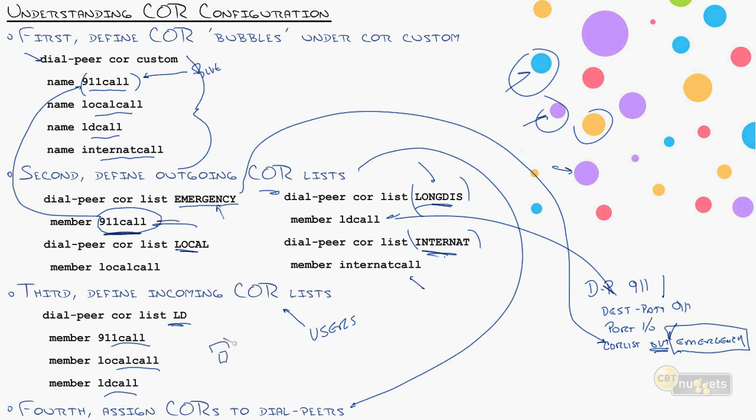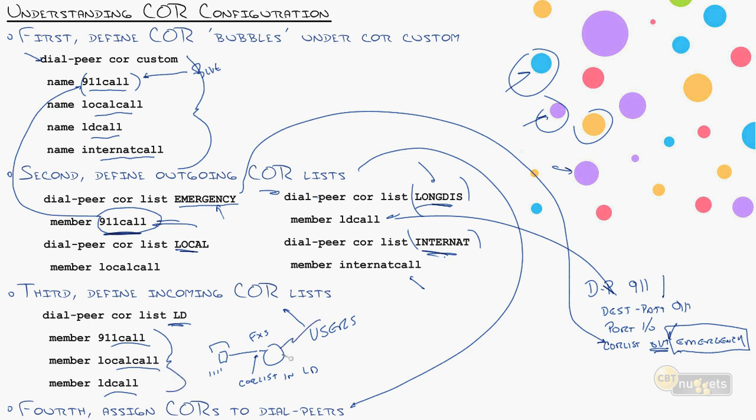This will eventually be assigned, let's just keep it simple, to the incoming dial peer. So for, let's say, extension 1111, like I had in the last one, we would have core list incoming LD. And now this phone, when they pick up and dial, will automatically be assigned these three bubbles.